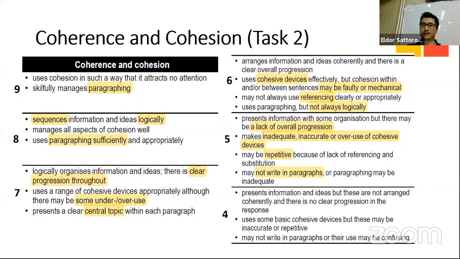Some parts can be off topic or totally deviate from the question, or sometimes the paragraphs can be messed up a little bit. For example, if it's a for and against essay, or advantages and disadvantages, in the main body you start with advantages and follow with disadvantages, and then you go back to advantages and it gets messed up a little. So it can be difficult to follow your arguments.